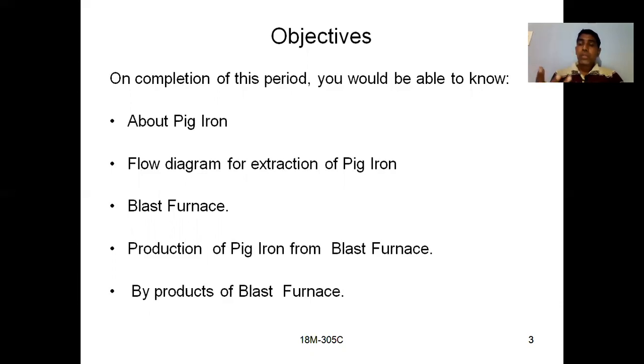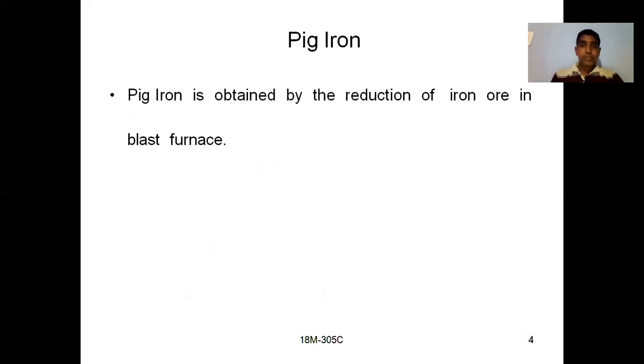So what you are going to get at the end of the operation of the blast furnace. Obviously we will get pig iron, that is the main product, and along with pig iron we will get some additional products, that means byproducts. So we will also discuss those byproducts of this blast furnace. Okay, so we will go one by one.